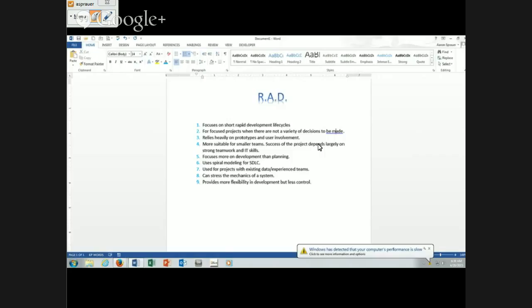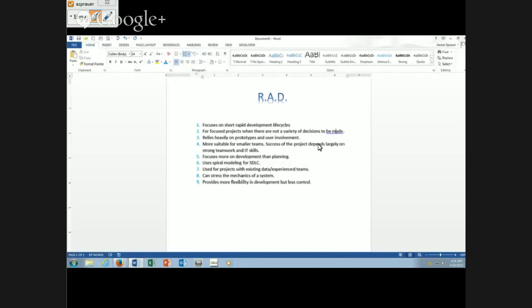Okay. Which kind of leads to the next couple points, where it's more suitable for smaller teams. Success of the project largely depends on strong teamwork and IT skills. And it's used for projects with existing data and experience too. So generally, these guys have a good idea of what's going on and know what they need to develop right away.